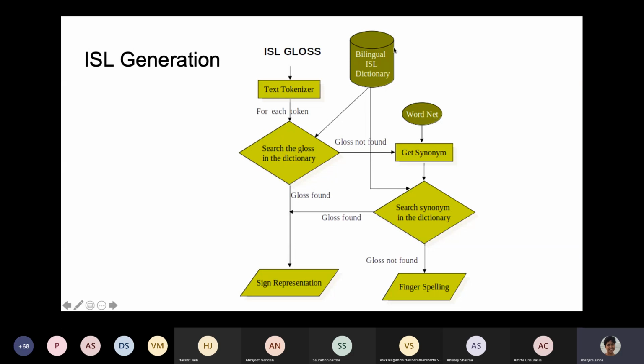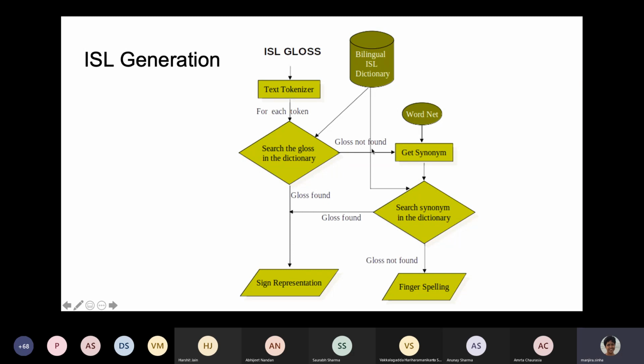So then I go to WordNet and WordNet says, okay, one synonym of beauty can be pretty. Then I come back and see, okay, I have pretty in my bilingual dictionary. So the same sign representation for pretty, I can now use for beauty. Although they may not be exactly the same, it will do the work, like we do in translation. We try to find the most similar or more appropriate word from one language to another.